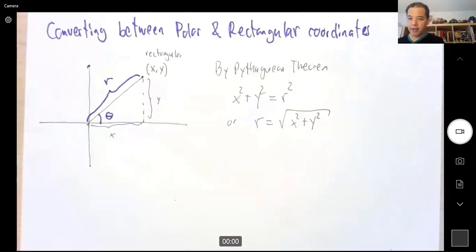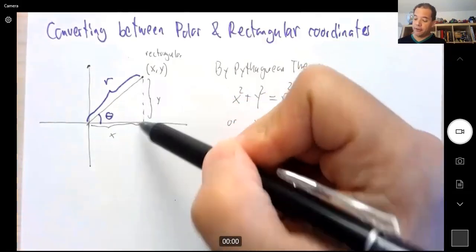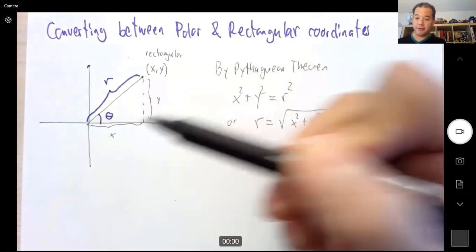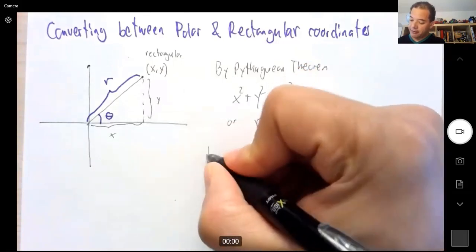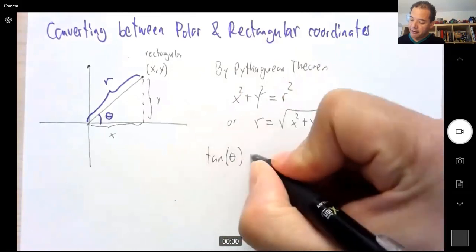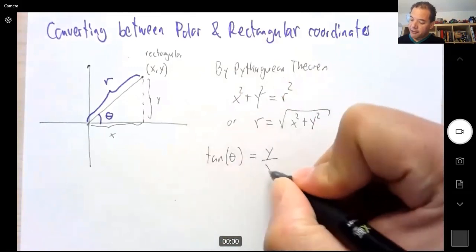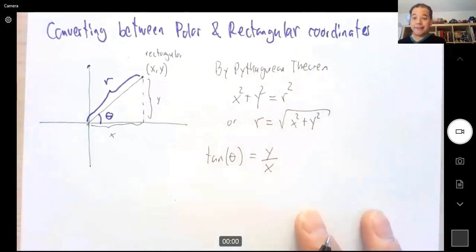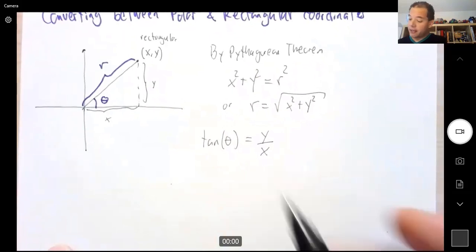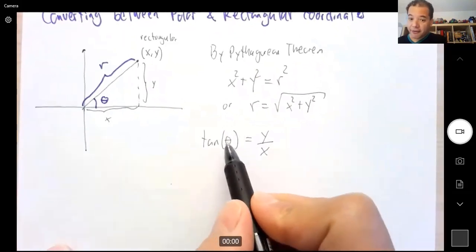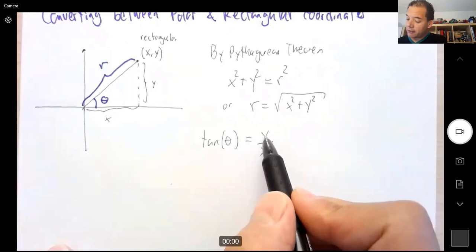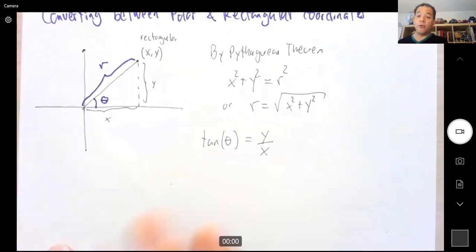That's correct. Daniel, again, good. Tangent. Tangent of an angle is opposite over adjacent. So we also know that tangent of theta is y over x. That's a way we can get the theta. To get the theta, we calculate y over x and then do inverse tangent.